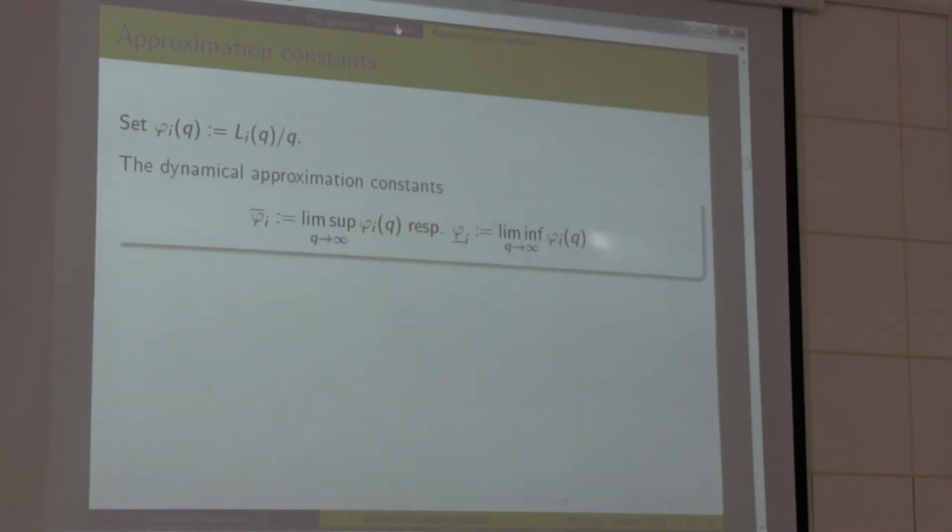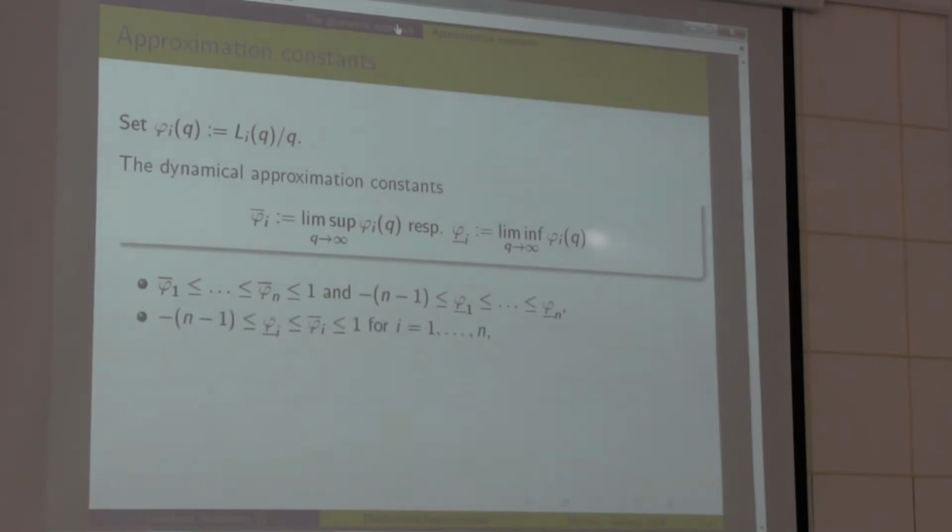Let us immediately check some quite easy properties. We have phi sub 1 less than phi sub 2 and phi sub 3, either overlined or underlined, of course. They are bounded by minus n minus 1 from below and 1 from above, simply because the functions L sub I have slopes only 1 and negative n minus 1.